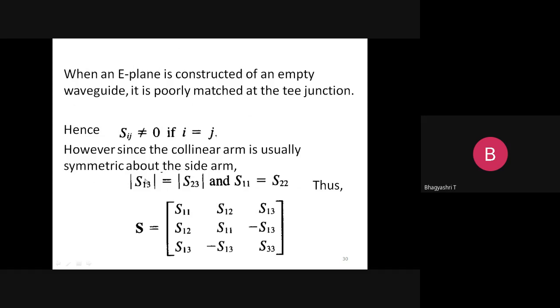However, since the collinear arm is usually symmetric about the side arm, the magnitude of S13 equals the magnitude of S23, and S11 is equal to S22. So this is the property: S11, S22, S33 as it is, S12, S13. This is S12 symmetry property, and S23 has opposite phase to S13, that is S13, minus S13. So this is the matrix for the E-plane T.